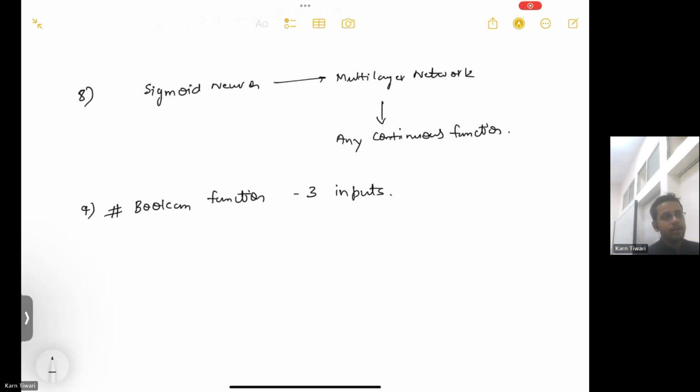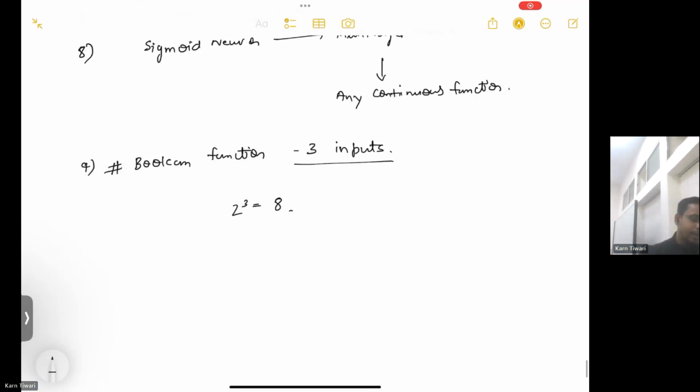Okay, so basically my function is there, 3 inputs are there. Firstly, for the 3 inputs, how many different combinations can there be? It's 2 to the power 3 because each is either 0 or 1. Total 8 kinds of input variations are there.